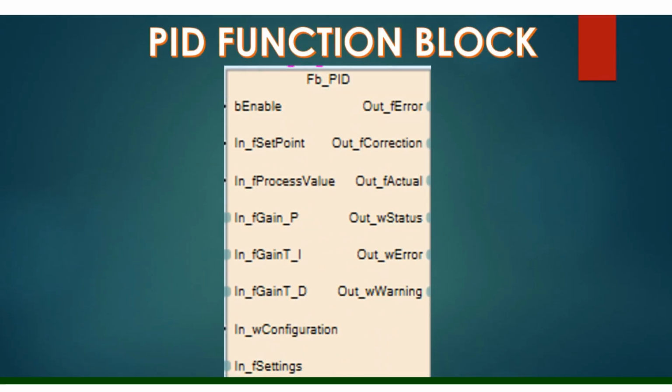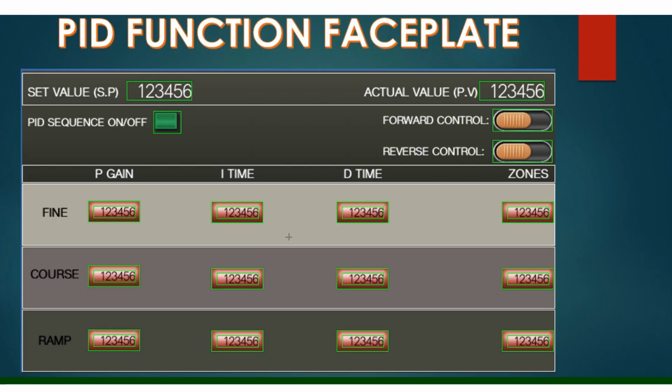Just see, this is the PID function block which is seen here. This PID function block has some inputs and outputs, the details of which I am going to explain in the future slides. So this is the PID function faceplate which is shown on the GOT.